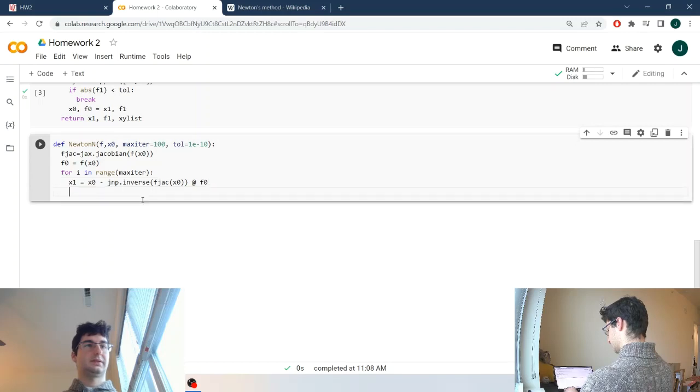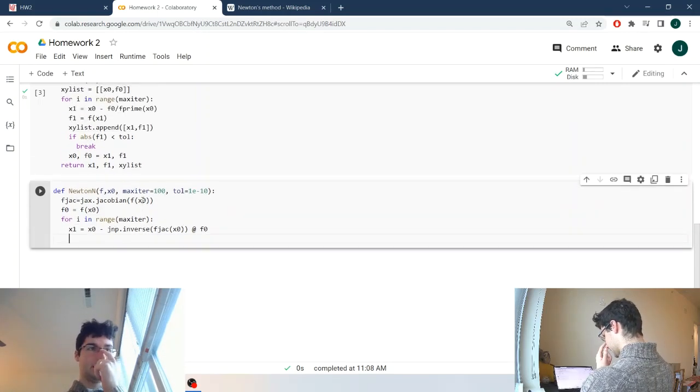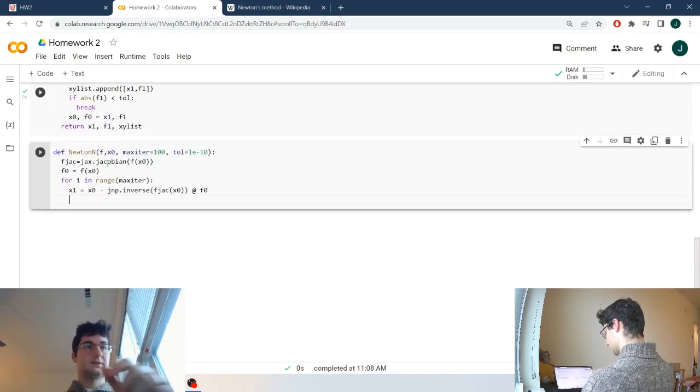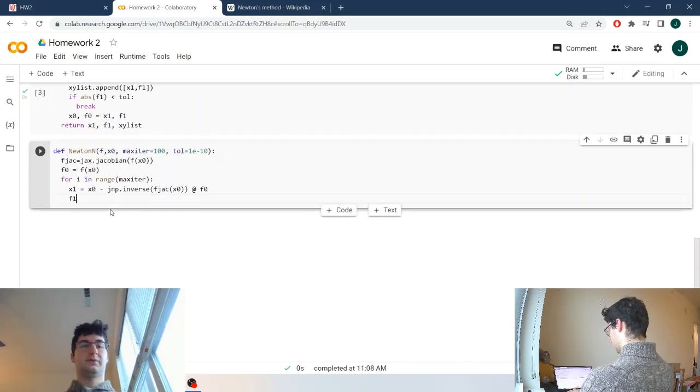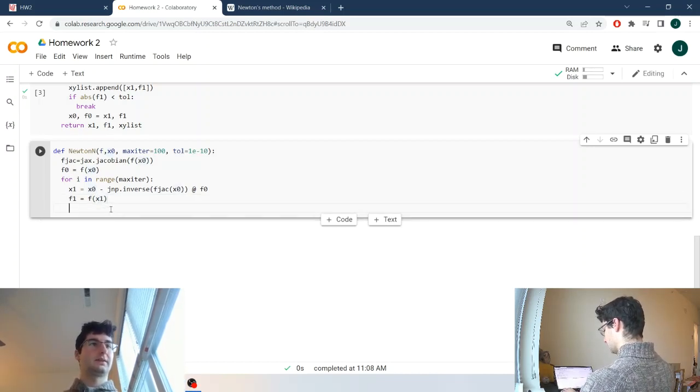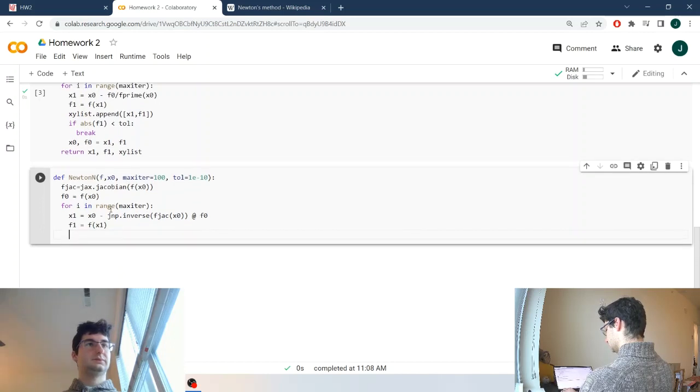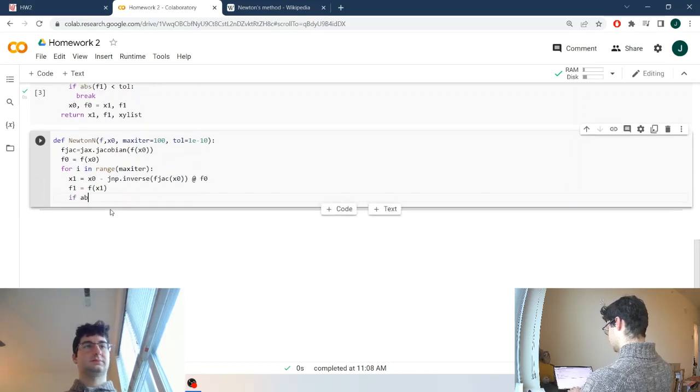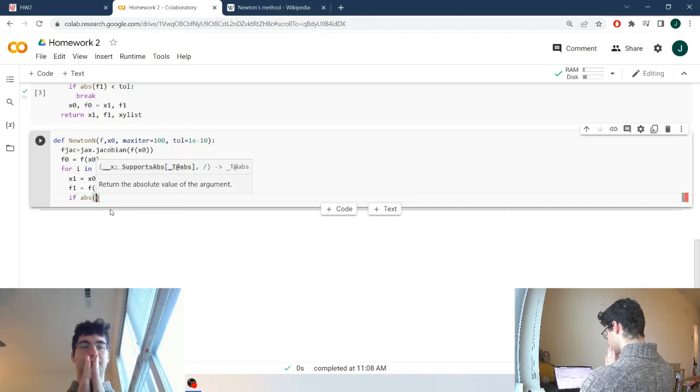Then after we have that, we'll do f1 equals our series of functions evaluated at our new x1, our series of functions applied to our new vector.